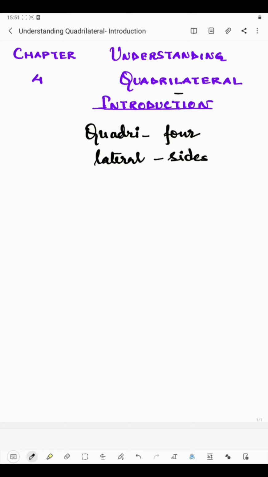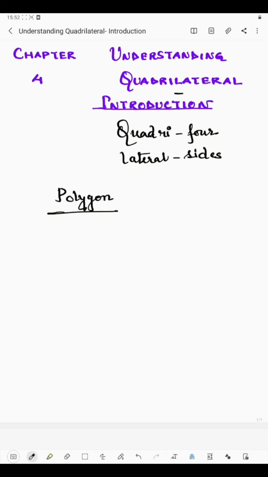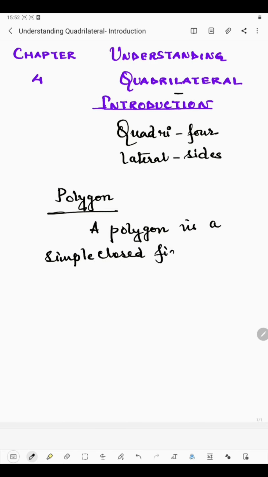At first, we will learn about polygon. Now, what is polygon? Polygon is a simple closed figure made up of line segments.